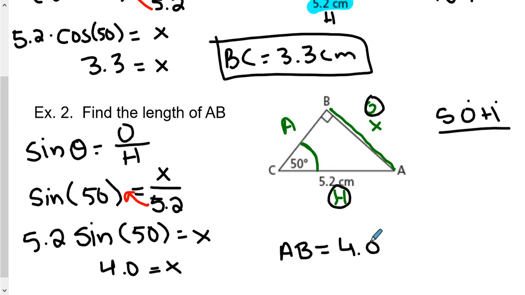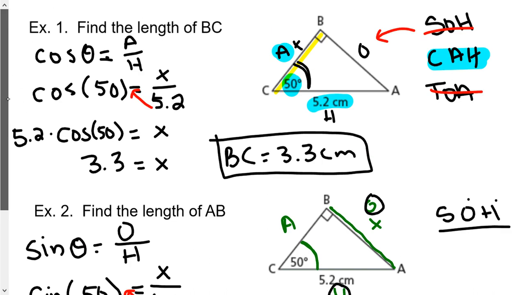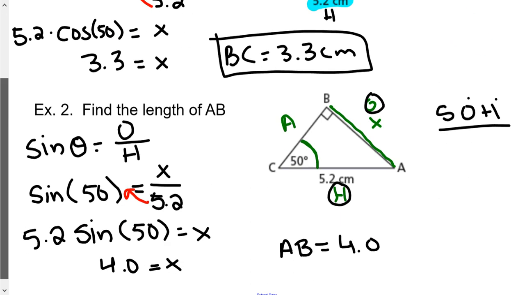But hey, if we had realized a little earlier that this is the same triangle, and we already said that this was 3.3, we could have done a lot of different things. I could have used just Pythagoras to figure out length AB because I know two of my three sides. I didn't have to use trigonometric ratios because I'd already done some of the work.